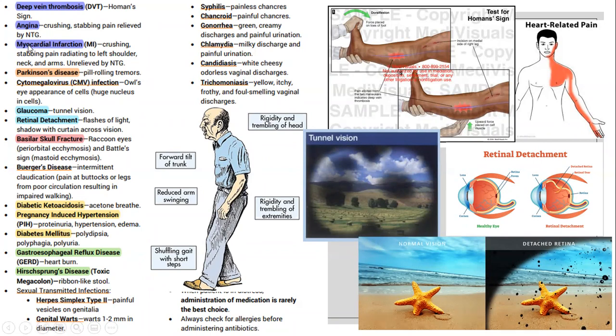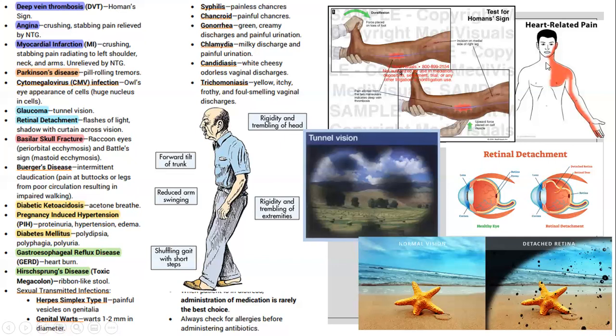And myocardial infarction, patient complains the pain is too heavy, like a heavy stone over the chest. Crushing, stabbing pain that radiates to the left shoulder, neck, and arms, and is unrelieved by nitroglycerin, but angina is relieved by nitroglycerin.